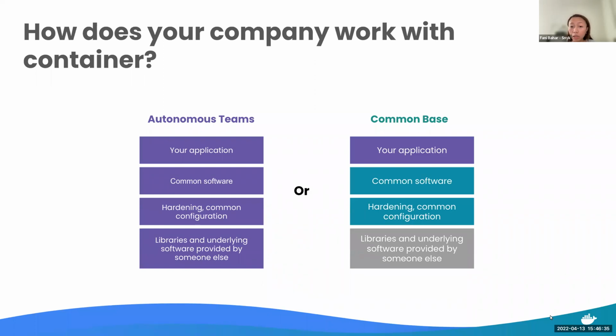So basically, in this autonomous team, the team owns the entire container lifecycle: selecting the base image, securing the image, deploying the image, and finally building their own image before deploying to production.